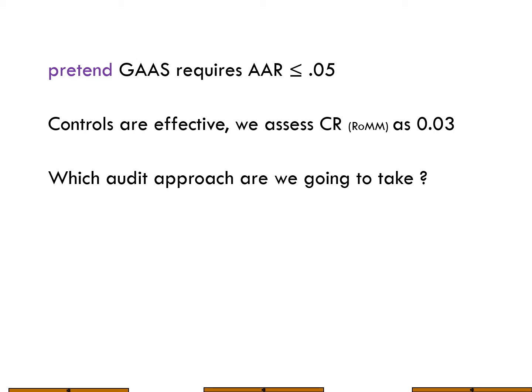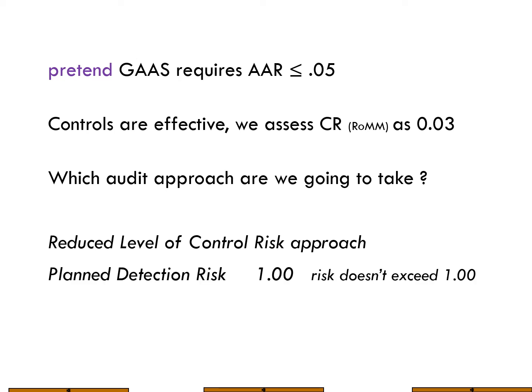Controls are effective. We assess control risk as 0.03. We're going to take a reduced level of control risk approach. Plan detection risk needs to be 1. The formula spits out something greater than 1, but risk never exceeds 1. The probability of something bad happening can't be more than 1.